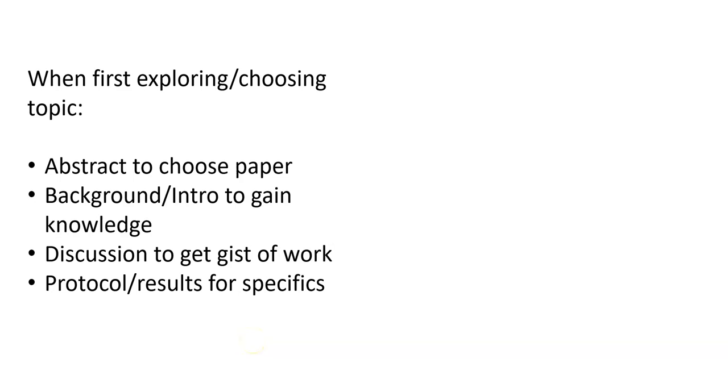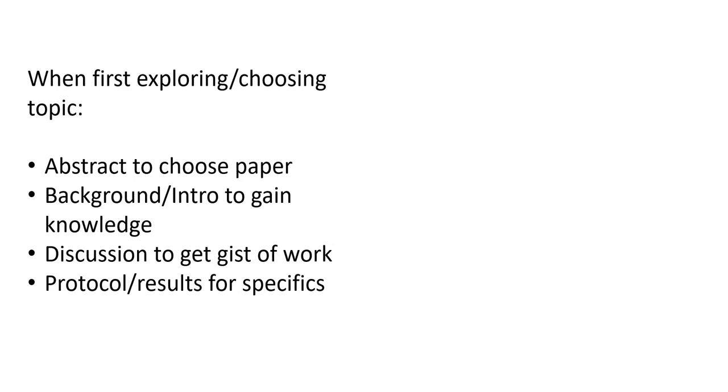So what I would recommend usually when you start reading papers, if you're beginning this journey and you're not quite sure what you're looking at or what you want to study, is to start with the abstracts to help you choose a paper if this is interesting. Then go into the background and introduction to gain knowledge. And I would typically skip the results and the methodology and go right to the discussion, because it gets to the gist of the work.